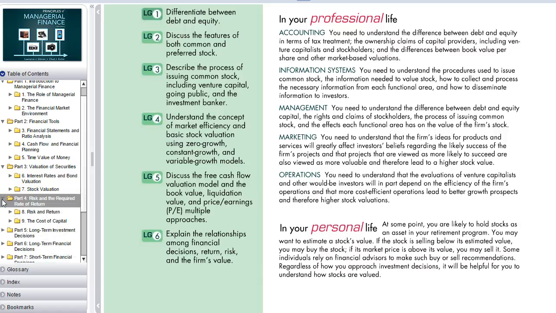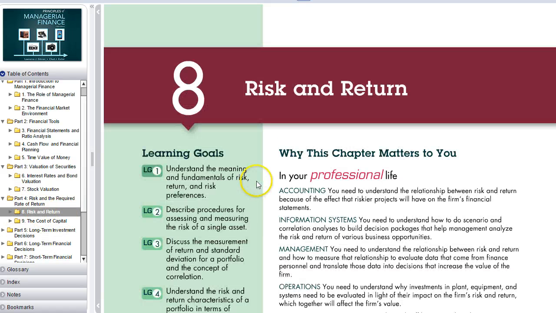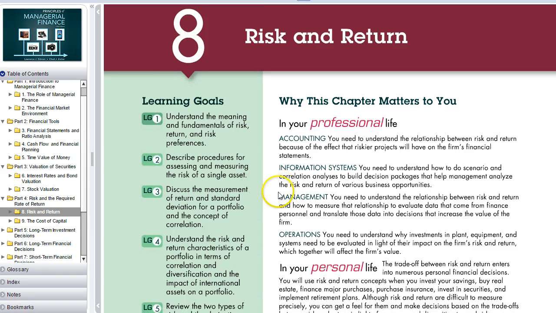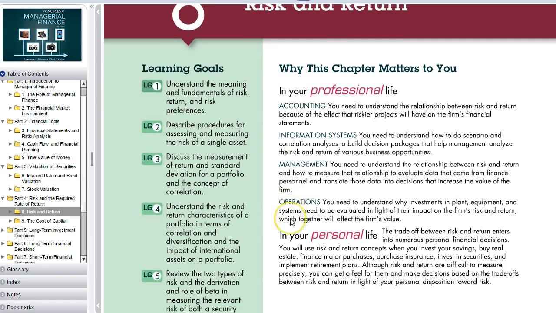Okay. Moving to part 4 of the textbook, we go into the risk and return chapter. And this chapter also brings in a lot of details and information from the time value of money chapter. Now, in this chapter, we look at risk, defining risk and understanding risk, and how to address and measure the risk of a single asset.